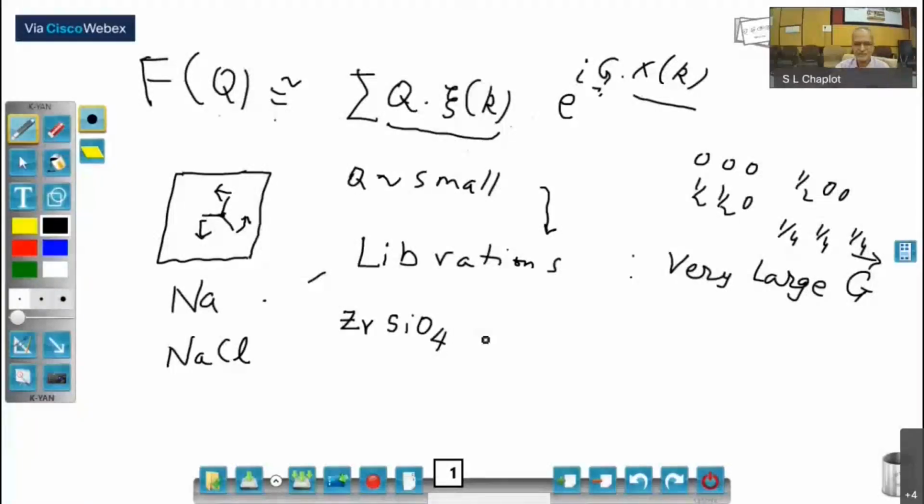It's a body-centered tetragonal structure, and the values of G that we typically used were like 040, 310, 130, and that kind of G values around which the measurements were made, and so on. So that seems to work fairly well.